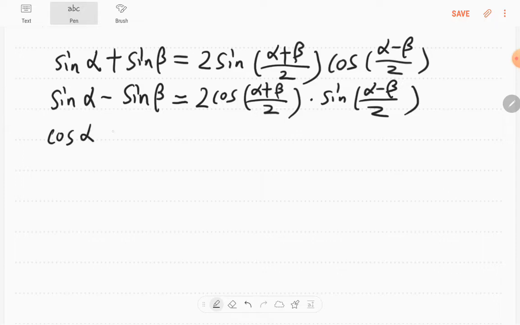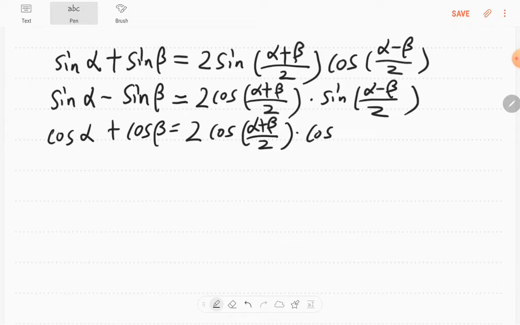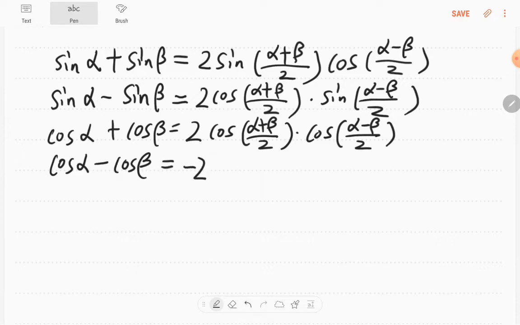Cosine alpha plus cosine beta is equal to 2 cosine alpha plus beta over 2 times cosine alpha minus beta over 2. Cosine alpha minus cosine beta is equal to negative 2 times sine alpha plus beta over 2 times sine alpha minus beta over 2.